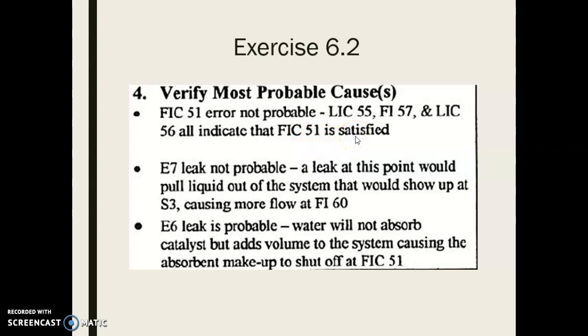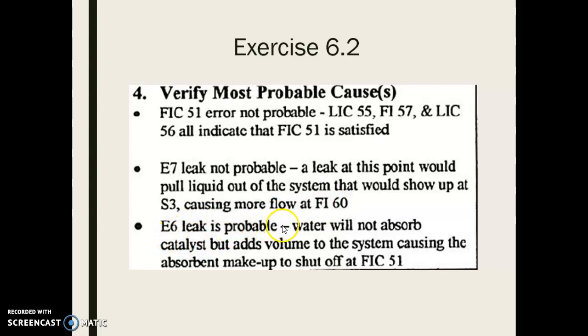So FIC51, the lean absorbent flow to D3, it all makes sense. E7, though, the leak is not probable because a leak at this point would pull liquid out of the system that would show up at S3, causing more flow at FI60, which we don't have. We have a lower flow there.